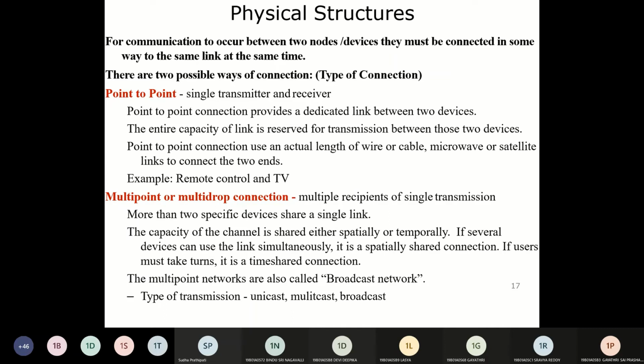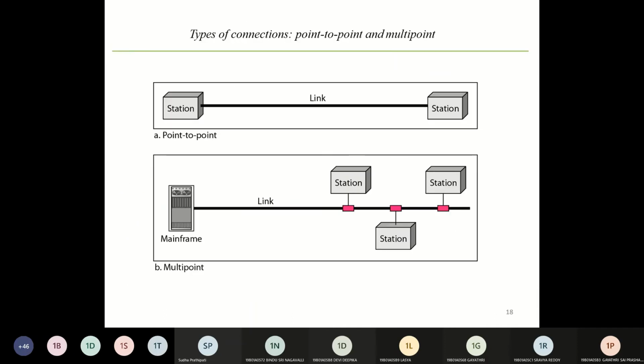Okay. Now coming to the second type of communication, it is called multi-point or multi-drop communication. So here multiple recipients of the single transmission will be there. As you can see, there is one transmitter.